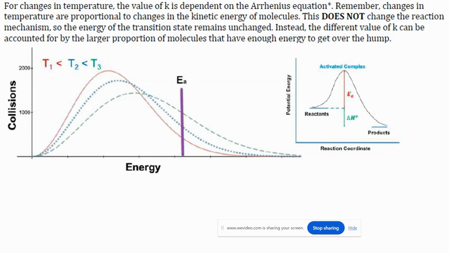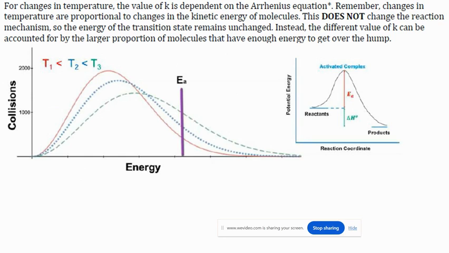Okay, so if we look at this, we can see kind of our collisions that we need. Here's our activation energy. It can be shown on this graph in this way for one of the Maxwell-Boltzmann graphs. They might ask you which one would have a higher concentration of product.